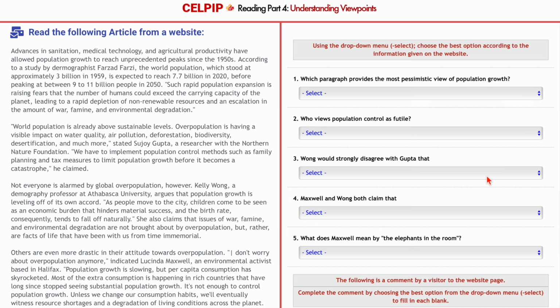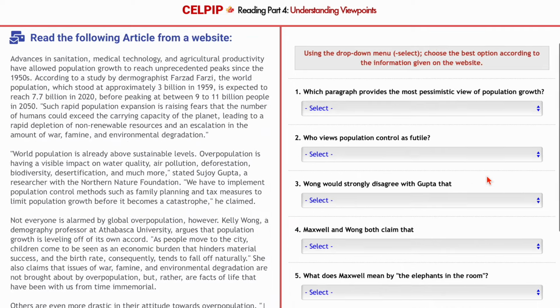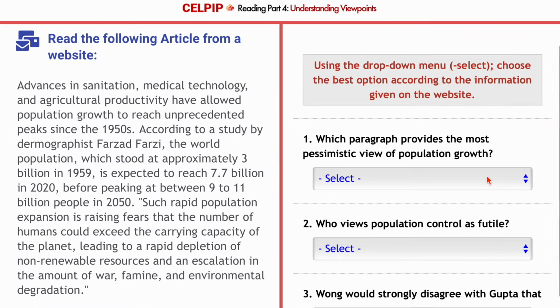I will also be explaining some vocabulary, which will be very useful for you. Let's see how you do. Let's do it together. We can analyze together and we can understand information together. All right, so let's get started. I'm just going to zoom in here so you can see more clearly.